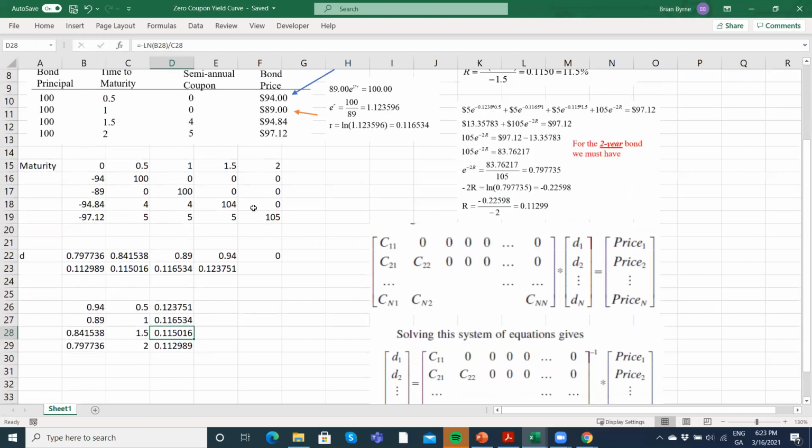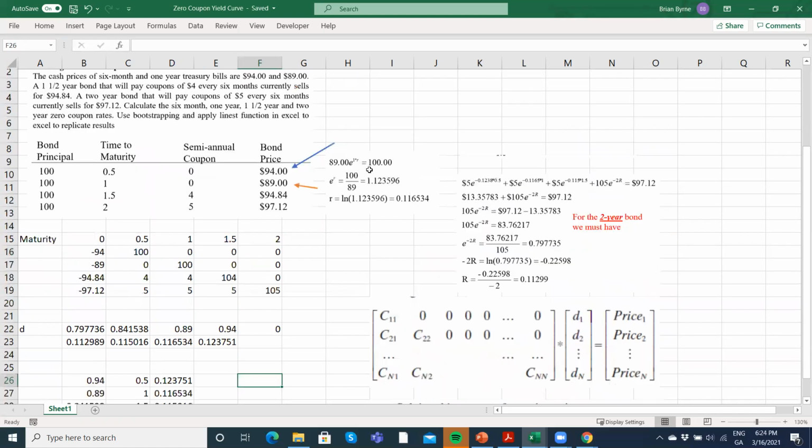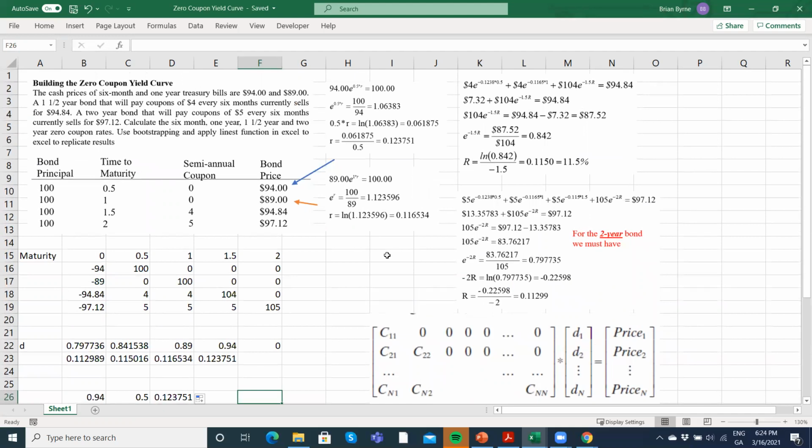Now you can use linest, but it turned out to be a little bit awkward, as you had to adapt it for time. In this case, I've used the matrix operation, and the logic is that if we took the cash flows and multiplied by the respective discount factors in a matrix operation, we would get the price of each of the individual bonds, like what we have here.